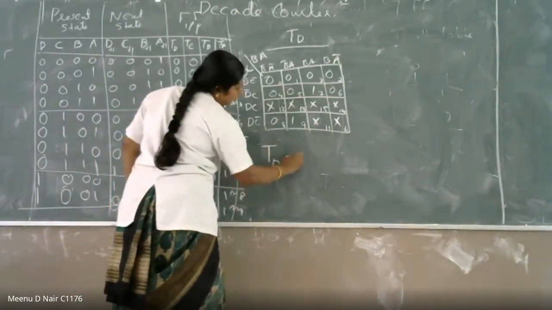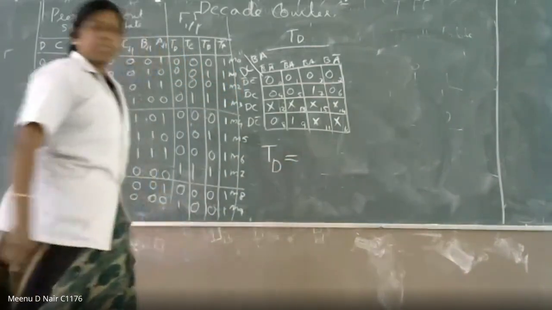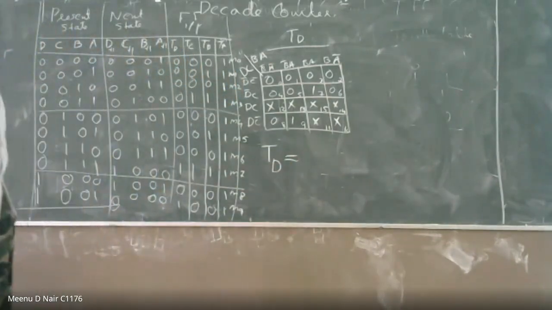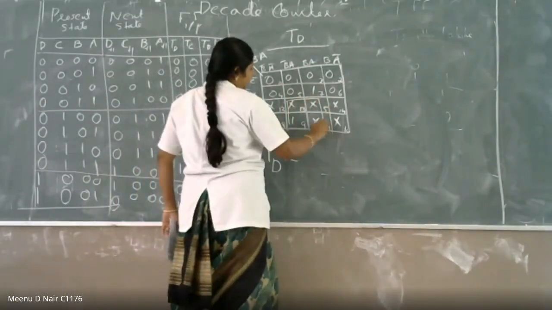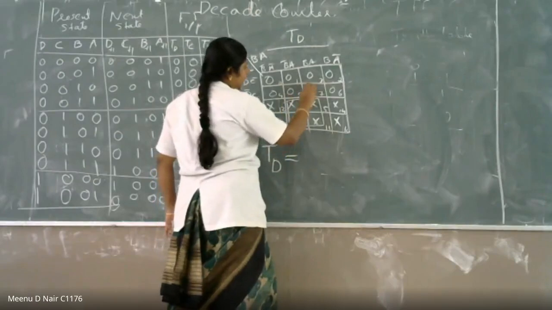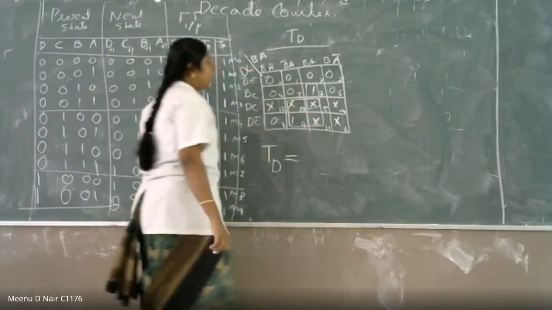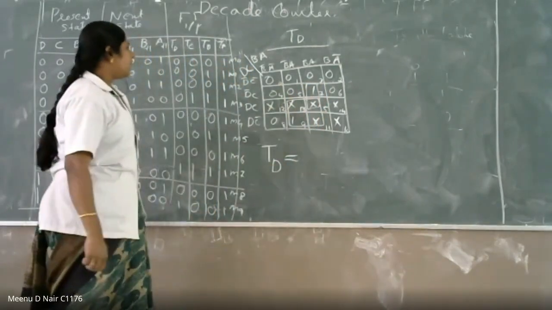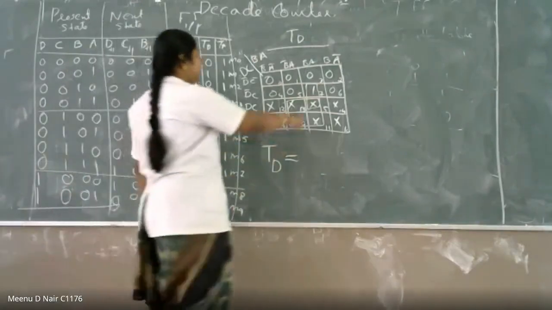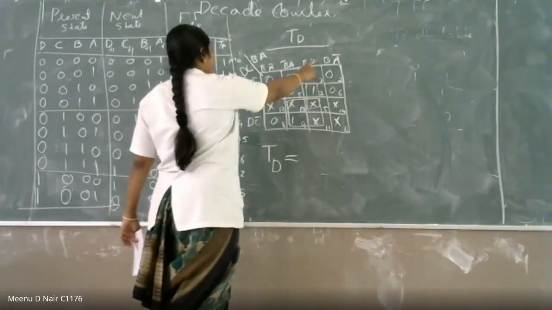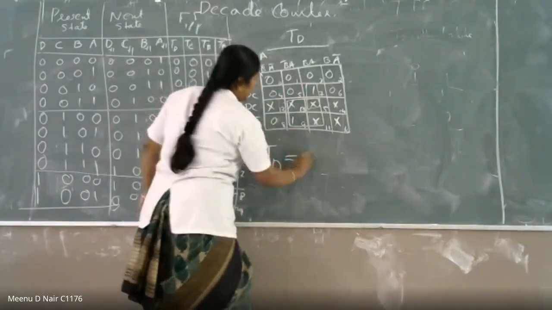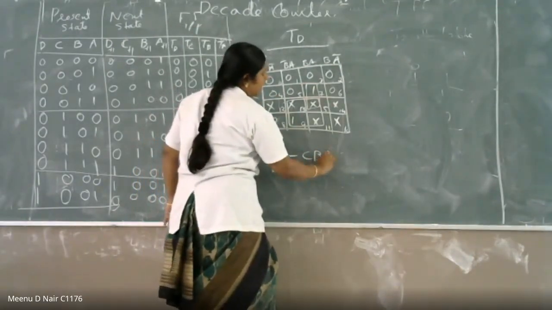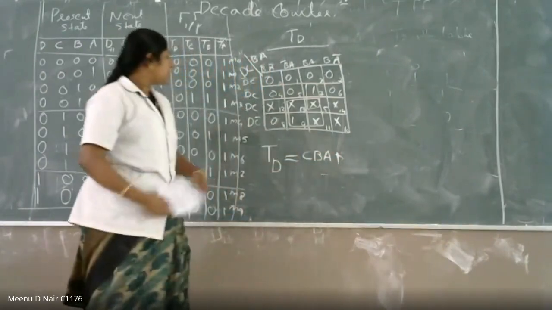Then what is the value of TD? What is the expression for TD? You can make a pair here and you can make a pair here, right? So your answer will be, what is this one? This is C D A, right? C D A plus, then what about this part?